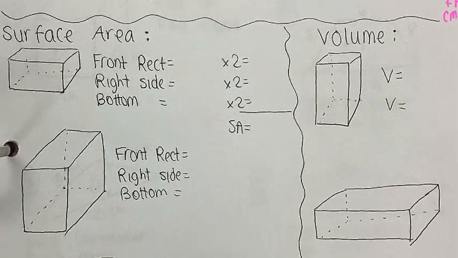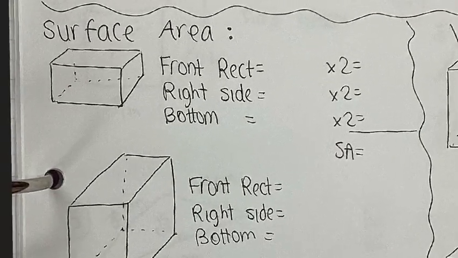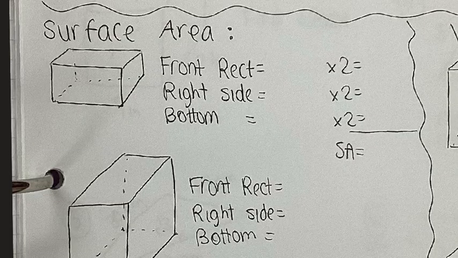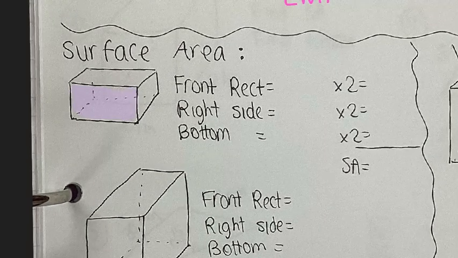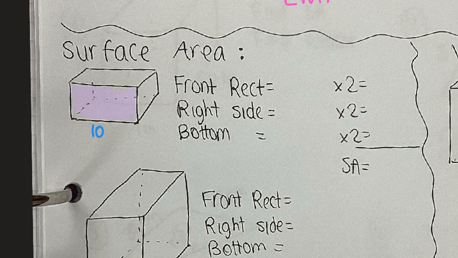Okay, here we go. First example, so exciting. We're going to do surface area. So if I highlight the front of this box, I need to know the length and the width. Now, I might tell you the length right here is 10, but I might tell you the width is 2, but it's back there. Remember, if that's 2, that's 2, that's 2. They're all 2s.